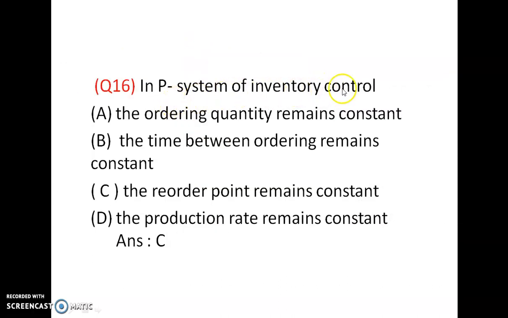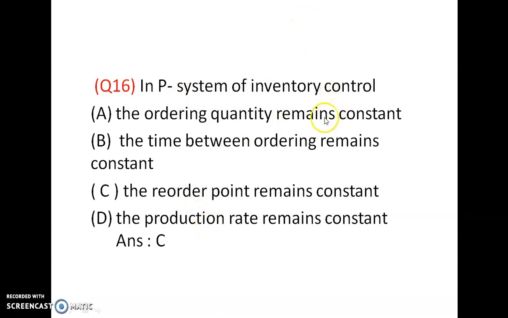In P system of inventory control, the ordering quantity remains constant. Okay, it is correct. The time between ordering remains constant. It is correct. The reorder point remains constant. So reorder point does not remain constant. Depending upon the inventory, the reorder point will vary in the periodic reordering system.